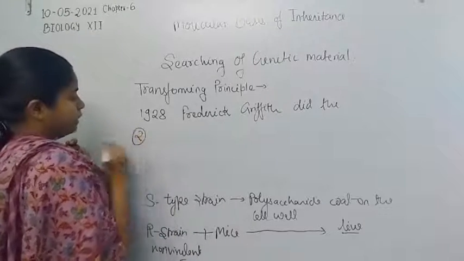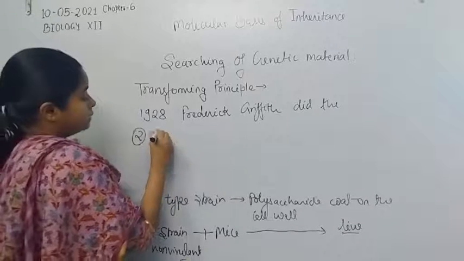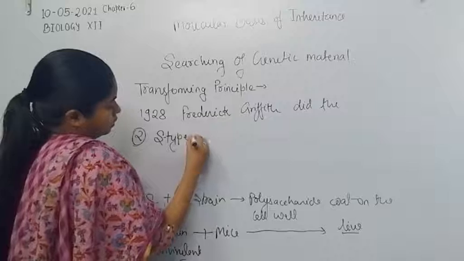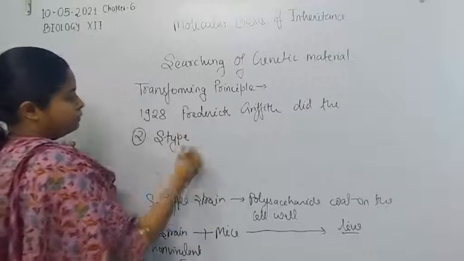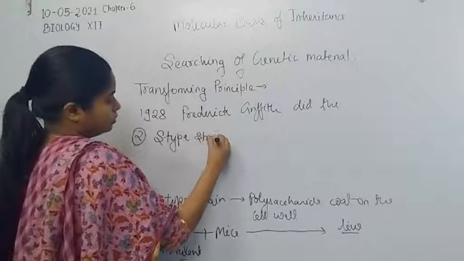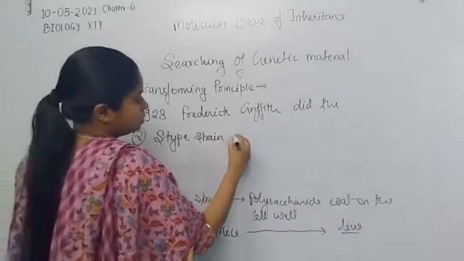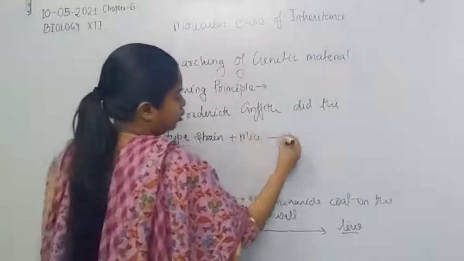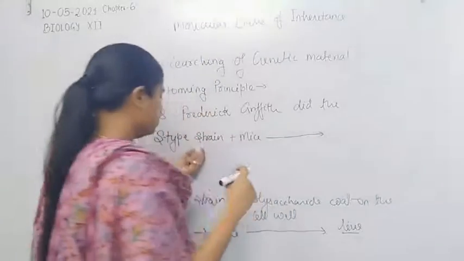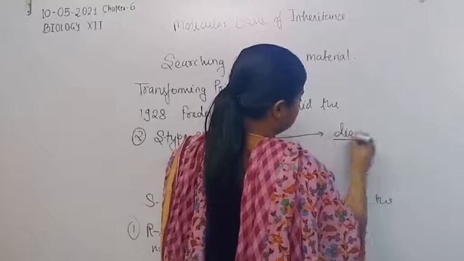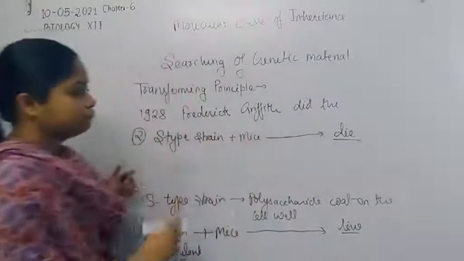In the second experiment, when he injected the smooth type of bacteria, or smooth type strain, he observed that the mice died.